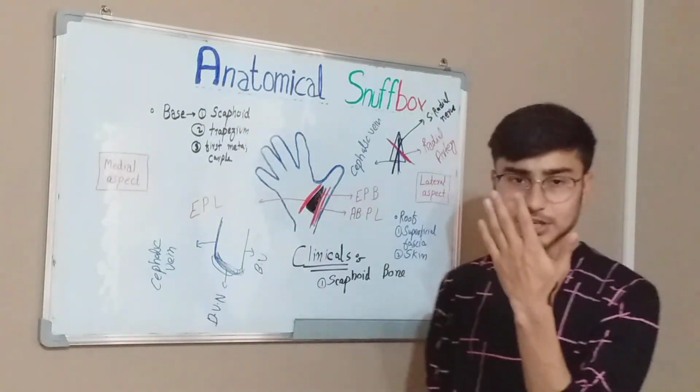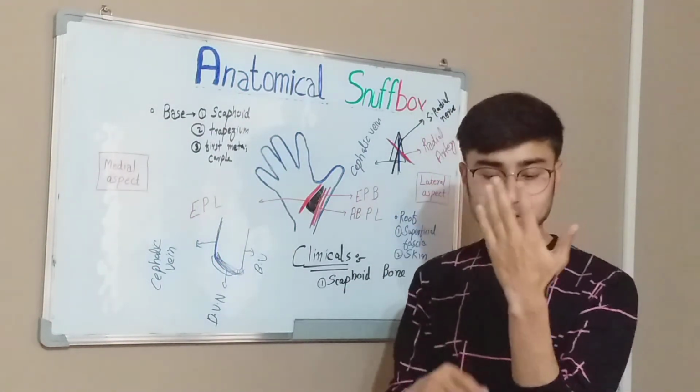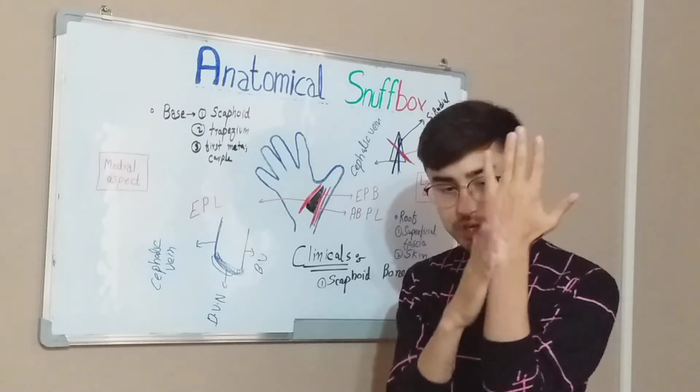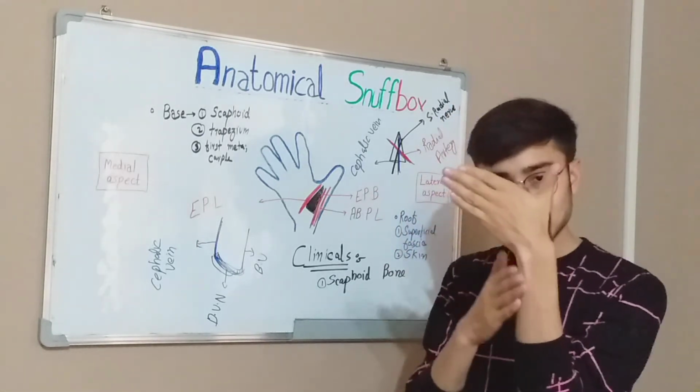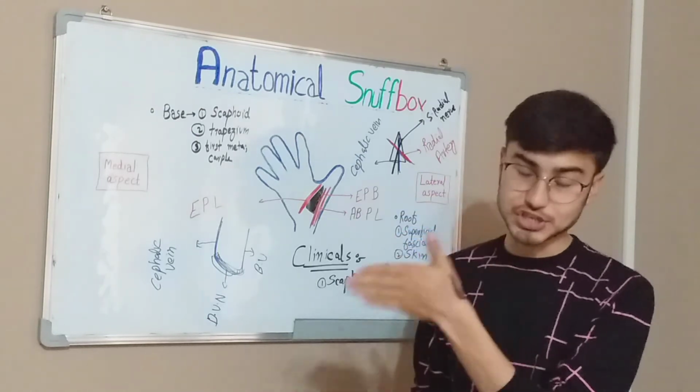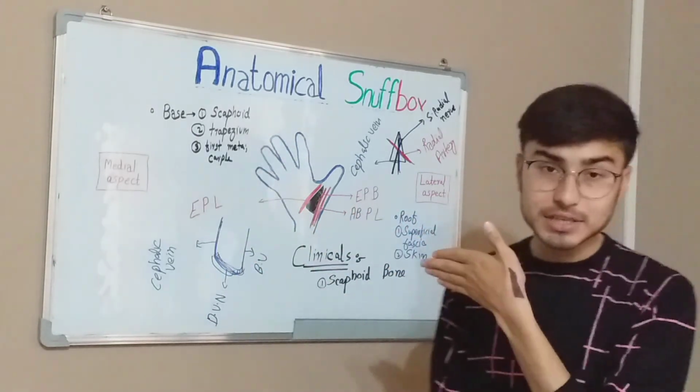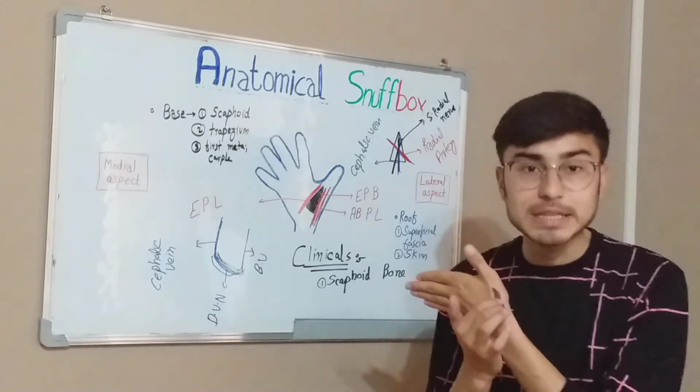In the ulnar deviation, if you bend your hand towards the ulna side, somewhere here we have the ulna, right? If I bend my hand towards the ulna, this is the ulnar deviation. And now, in the ulnar deviation, you can actually palpate the scaphoid bone.